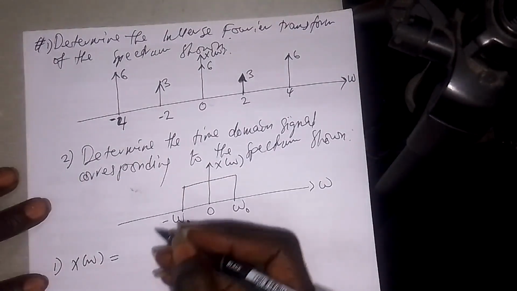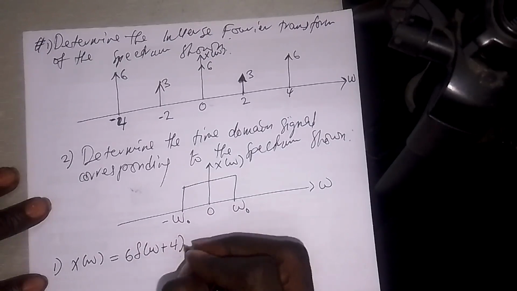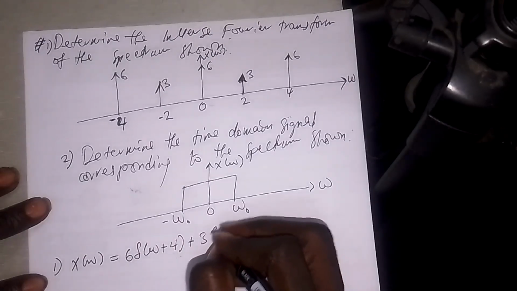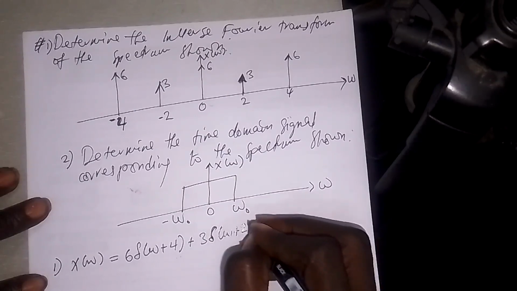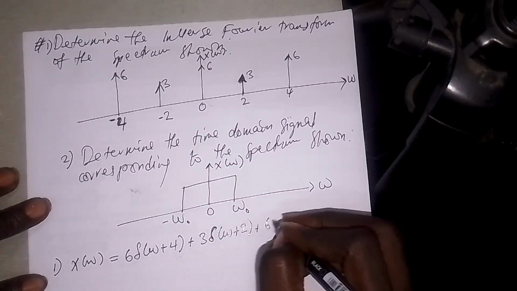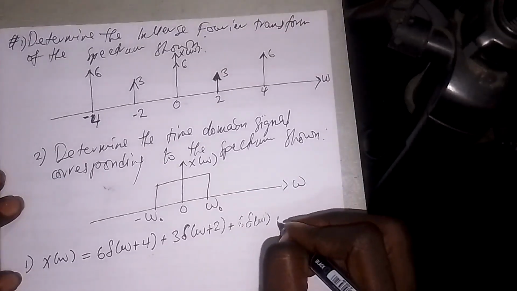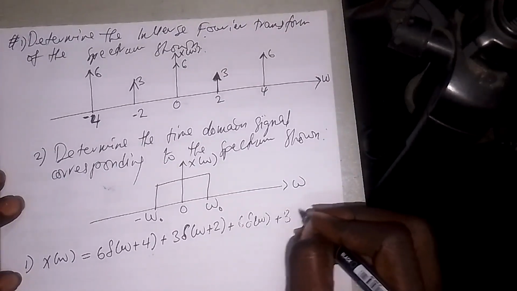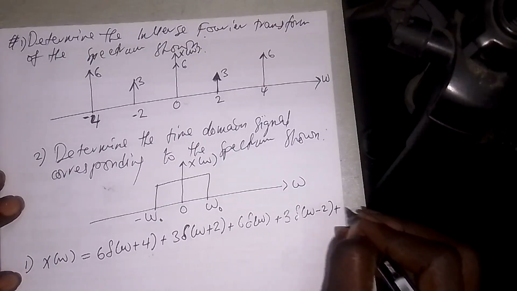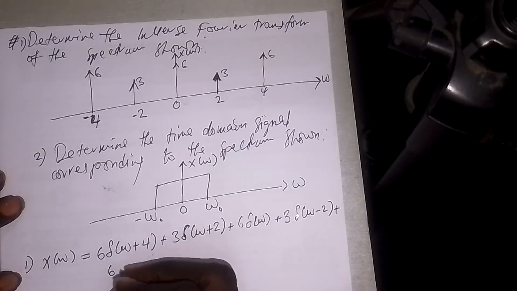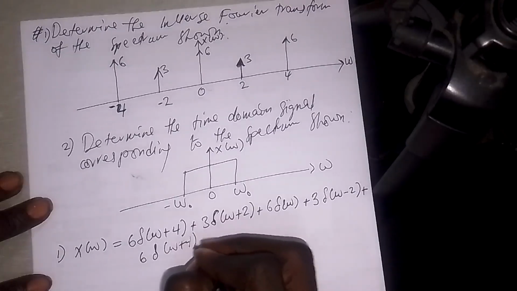So an impulse signal must be written in this way: 6 into delta of w plus 4, plus 3 into delta of w plus 2, plus 6 into delta of w, because it's occurring at 0, plus 3 into delta of w minus 2, plus 6 into delta of w plus 4.